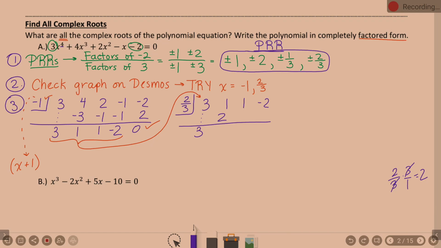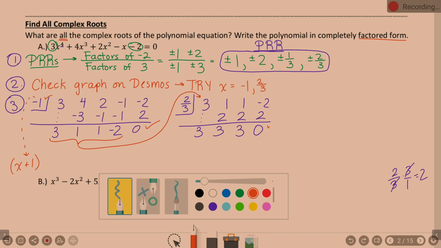Add 1 plus 2 is 3. Multiply. 2/3 times 3 is, guess what? Still 2. 1 plus 2 is 3. Guess what 2/3 times 3 is? 2. Still 2. And -2 plus 2 is 0. Okay. Good news. My 0 worked, yes?